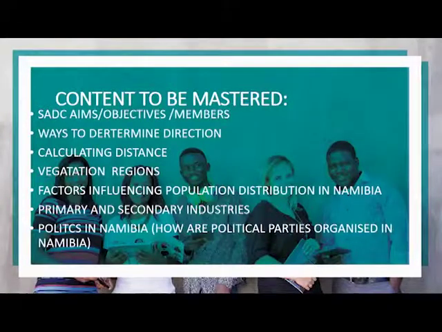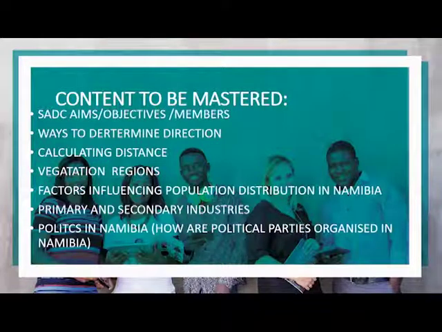There are a lot of people there. What are the factors that are influencing this distribution? Why do we find more people in the north than in the south? What are the reasons? What are, for example, the physical factors? What are those factors that lead to a lot of people staying in the northern regions and staying in the southern regions? What are the climatic factors? What are the economic factors? All that.